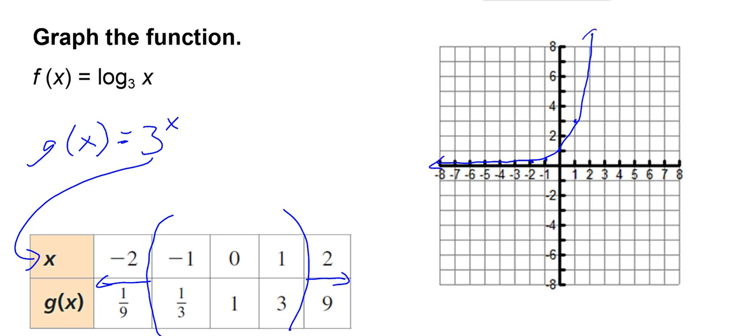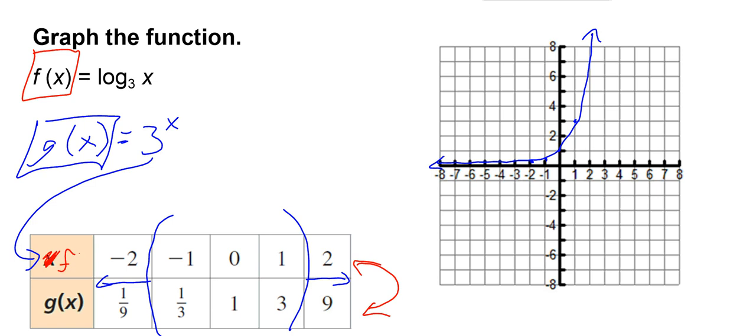So that's my inverse g of x. Now as I want to graph my f of x, I'm going to interchange these values. So now this is representing f of x, and this is representing our x. So when x is 1/9, we have a value of -2.